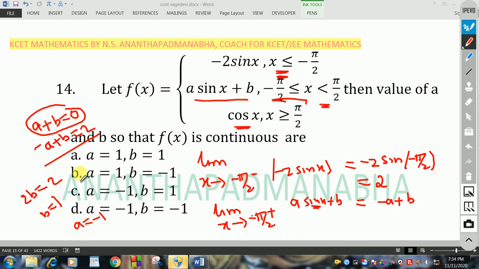So I have option C as the right answer. A equals minus 1 and b is equal to 1 is in option C. So I have applied the definition of continuity 2 times, that is at x equals minus pi by 2 once and x is equal to plus pi by 2 once. So we got the answer as option C.